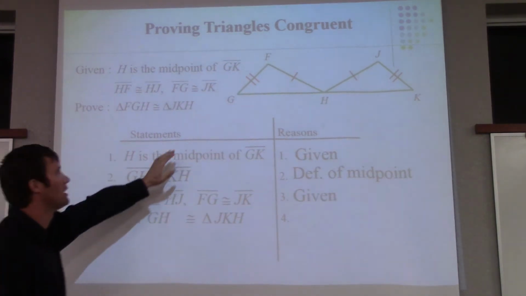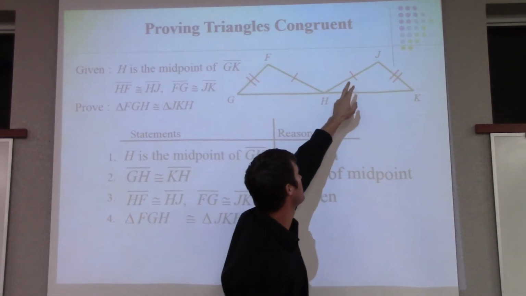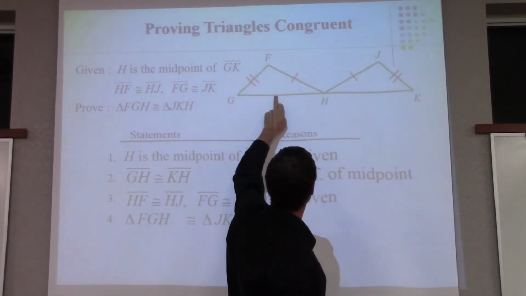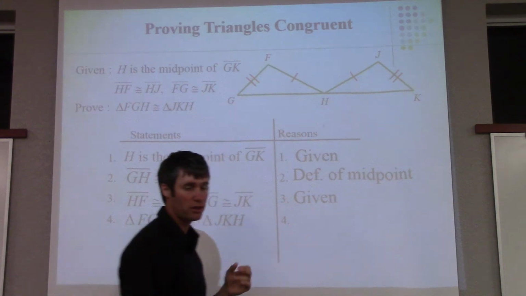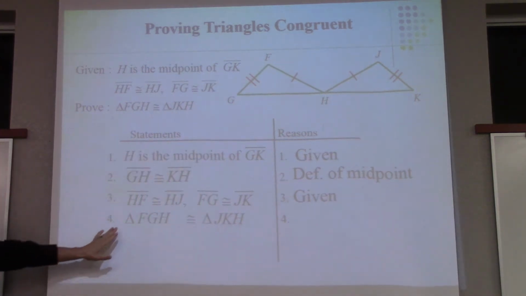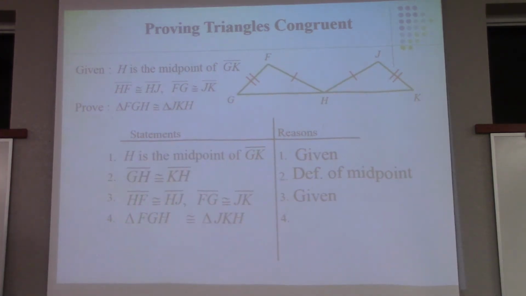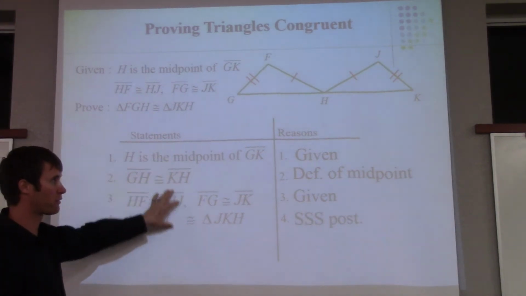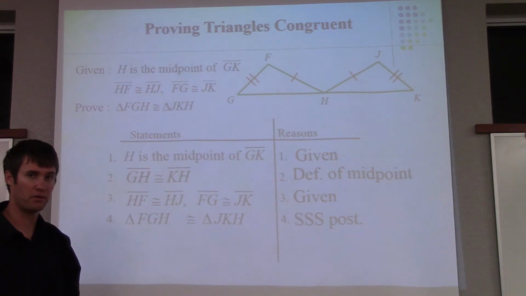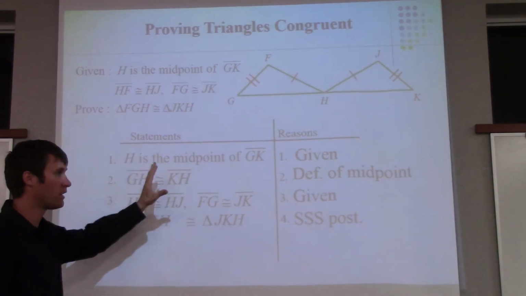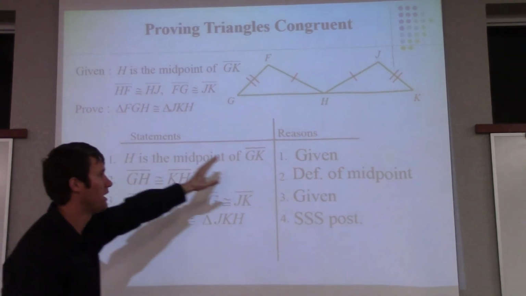So now I know that this side and this side are congruent, this side and this side are congruent, and this side and this side are congruent. So I know three sides are congruent. How can I conclude that the triangles are congruent? By side, side, side. So anytime we go through a proof, this is the proof I want you to go through, a two-column proof. Give your statement, and then your reason.